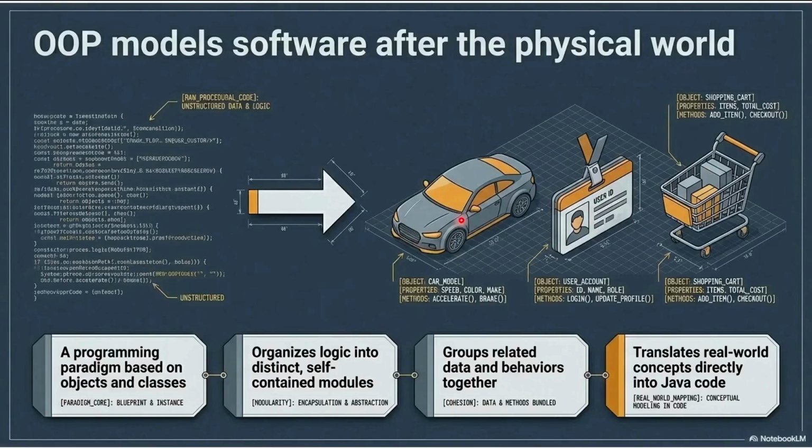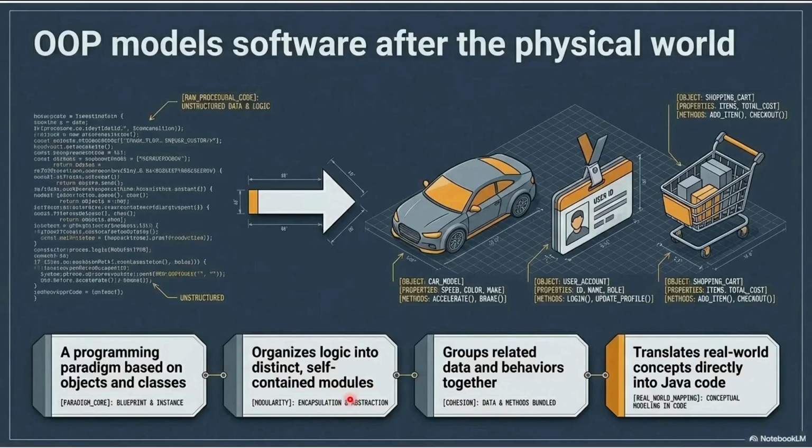Like over here, the car is a model, the user account is an object, and the shopping cart is also an object. So everything is an object, and every object has certain attributes and certain behavior. So we organize the logic into distinct self-contained modules.